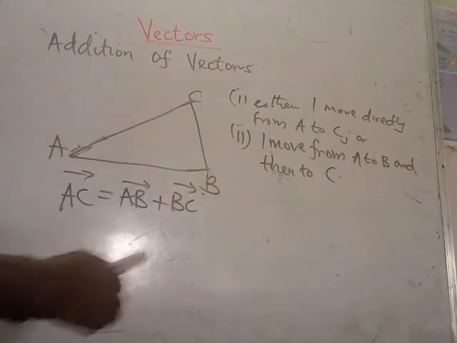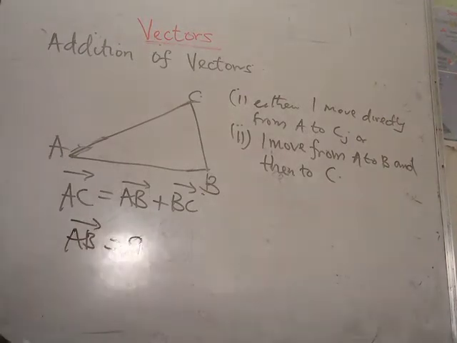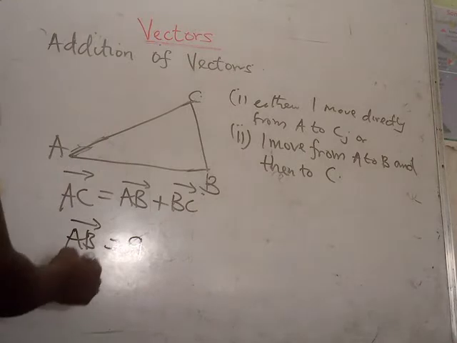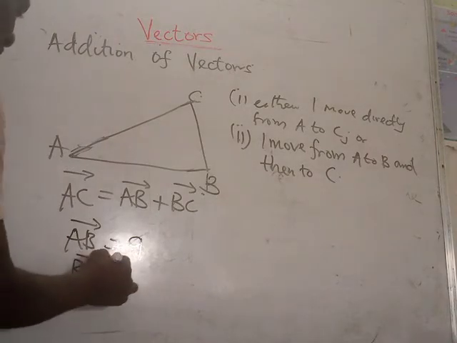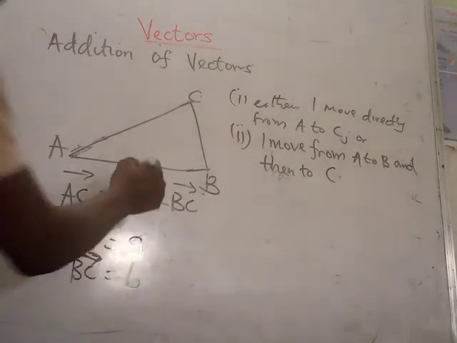Now, if we represent AB as vector A, this line AB, and we represent BC as vector B, then I'm going to have this.